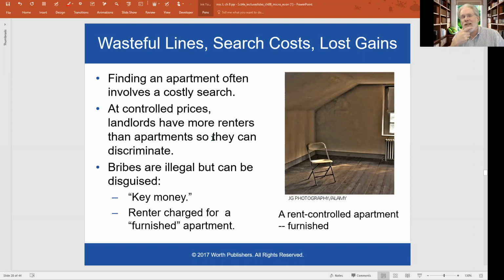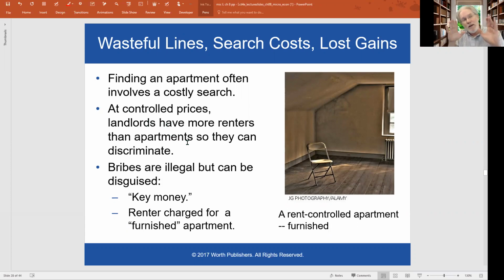Okay, it seems kind of bizarre, but those are the kinds of unanticipated, unintended things that happen when you interfere with the price mechanism. Also, another thing that is very unanticipated. At control prices, landlords have more renters than apartments, so they can discriminate.